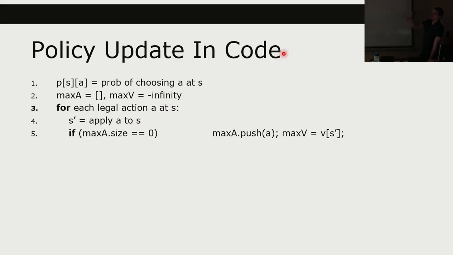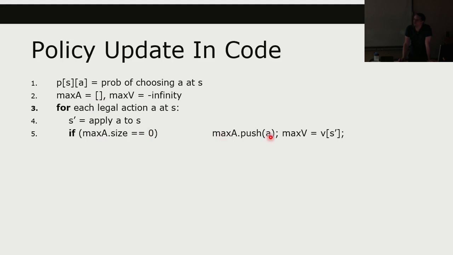Then, what are we going to do? Well, based on the action and the value, so the value is going to be V of S prime, right? That's the value that we get from doing action A at state S. So there's two possibilities here. One is I don't have any maximums yet, and the other possibility is that I have some maximums already. So in the case where I don't have any maximums yet, well, that's pretty easy.